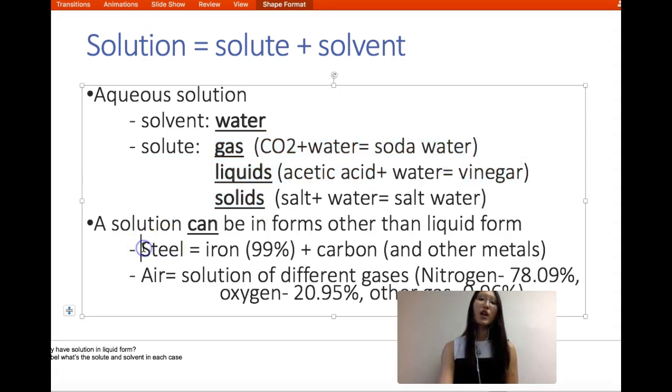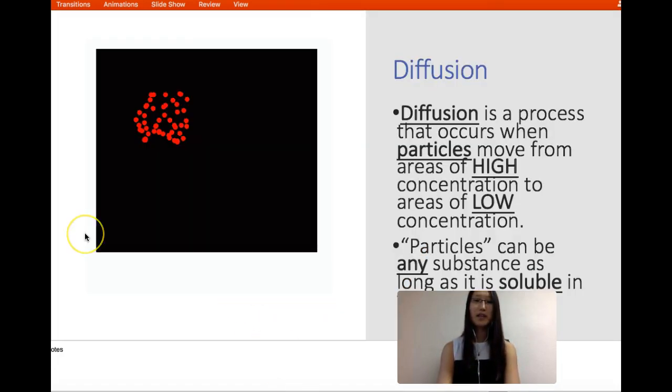So for example, steel is a mixture of iron and carbon, and because you have more of iron compared to carbon, you will consider steel as a solution, but iron will be your solvent. And for air, for example, we have mostly nitrogen, and the nitrogen will be the solvent to oxygen and all of the other gas.